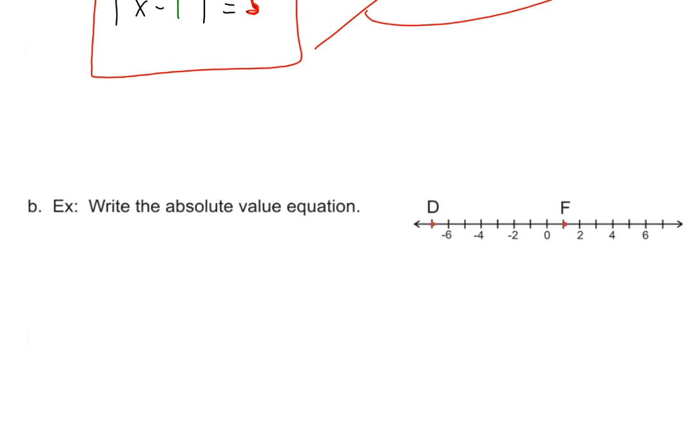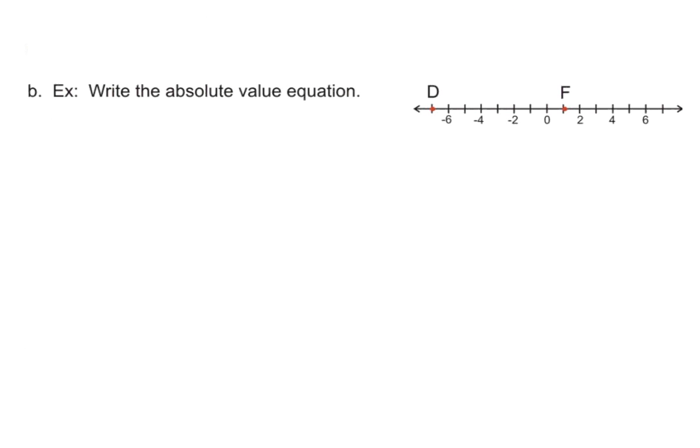All right, one more example. Write the absolute value equation. So again, what are you going to find? You're going to find the midpoint, right? And what else are you going to find? The distance from the midpoint to one of the endpoints, right? And we already know the solution to this absolute value is negative 7 and 1, right?